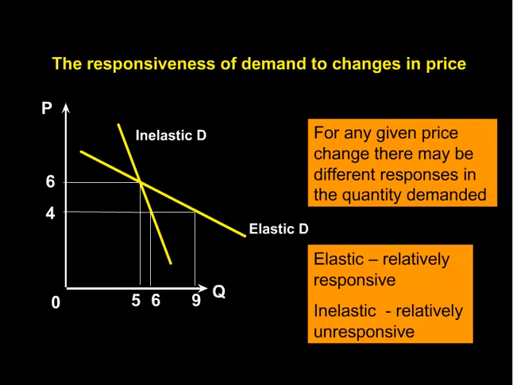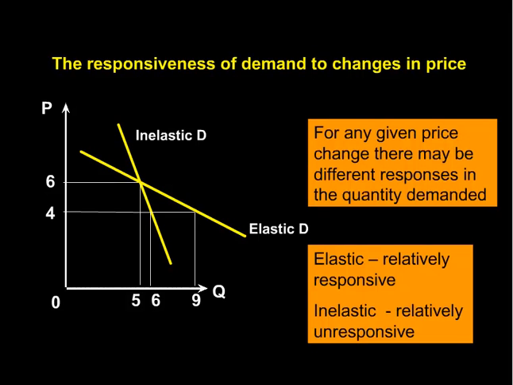Now, the issue of revenue will become more apparent in a moment, but for the minute I just wanted to say a little bit about the different slopes of the demand curve that we can see, and therefore the responsiveness of quantity demanded to changes in given prices.